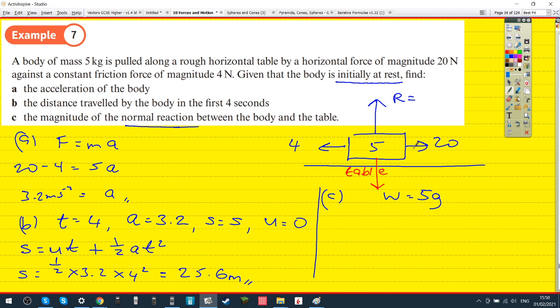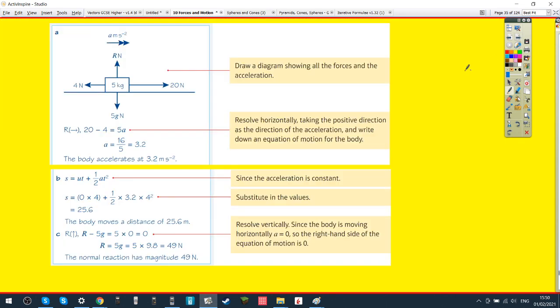It's moving to the right, but it isn't moving up or down. And so 5g. Yep, 5g. That's how it works. And 5g is 49 newtons, because it's 5 times 9.8. Great. Acceleration is 3.2, and then SUVAT 25.6. Grand. Any questions about that?